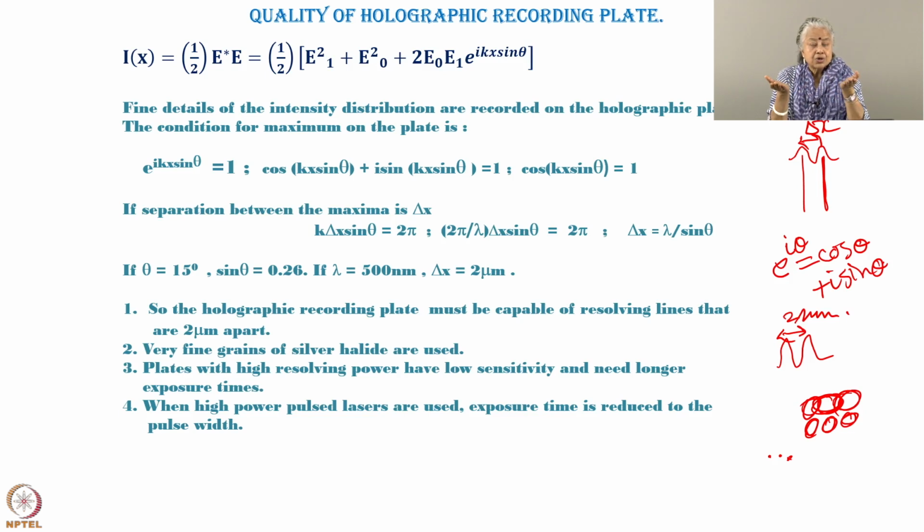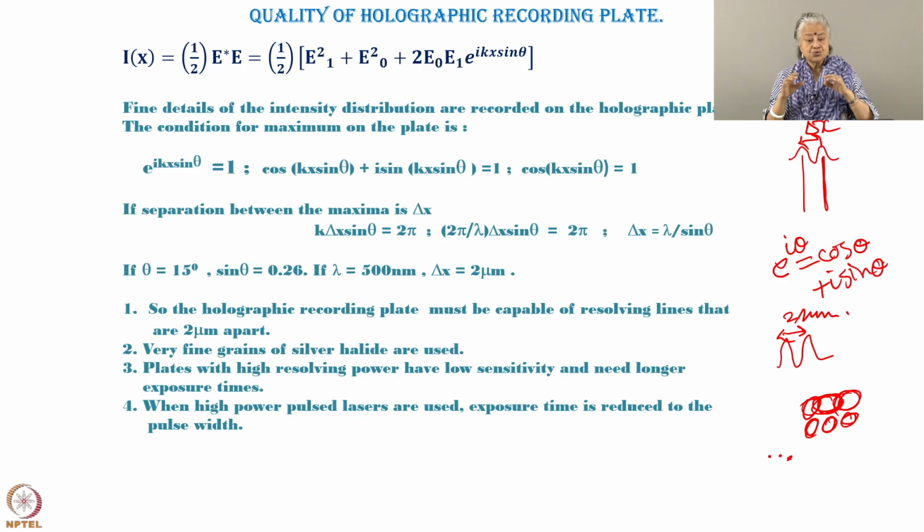So, you don't want to expose your silver halide to too much light or too little light. It should be just the right amount. That is the exposure time, which is true in any ordinary photograph also. A photographer doing serious photography knows what the exposure time is for taking a picture of a certain thing. So, your final photograph actually depends on that.